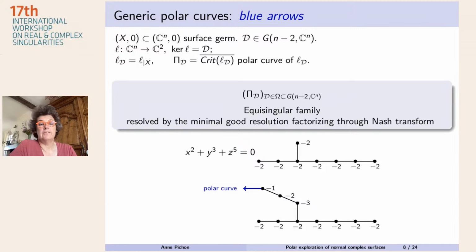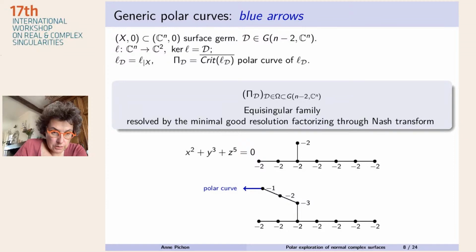Indeed, take the E8 singularity, x squared plus y^3 plus z^5 equals 0. If you want to resolve the family of polar curves, you have to blow up twice the bottom vertex of your graph, the -2 leaf of your graph, on the top of your graph, sorry. And then what you obtain is two new curves, and the last one corresponds to the exceptional divisor of the Nash transform.